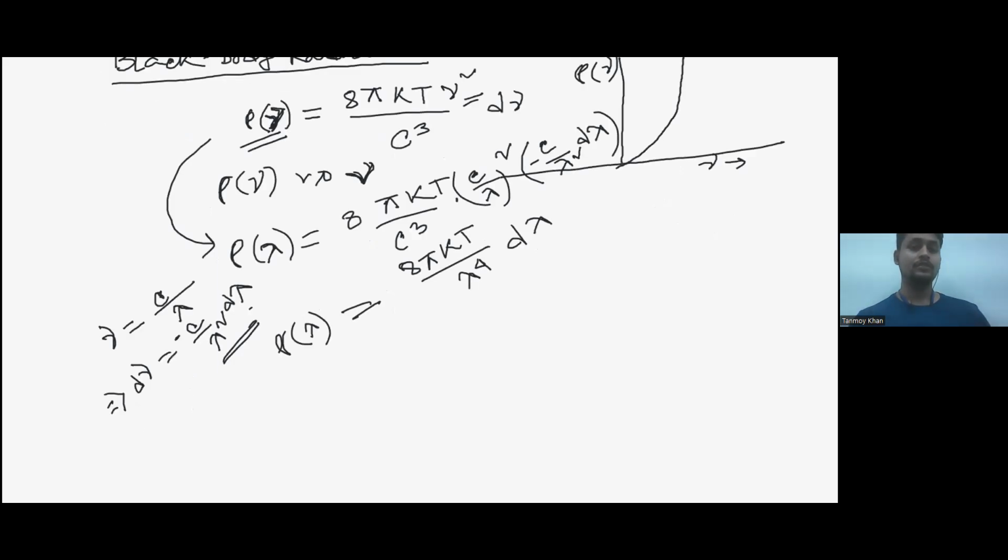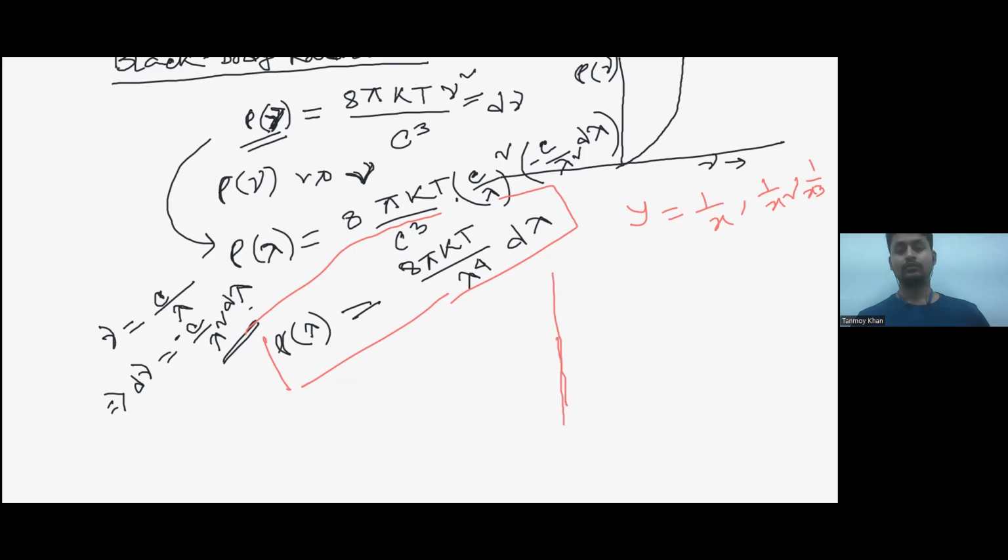Now if we want to draw this, this is lambda. Very easy. We know y is equal to 1 by x, y is 1 by x square, 1 by x cube. So this is similar to those. How will it look? This is your lambda, this is your rho lambda. So this function is rho lambda equals some constant c by lambda to the power 4, y is equal to 1 by x to the power 4.